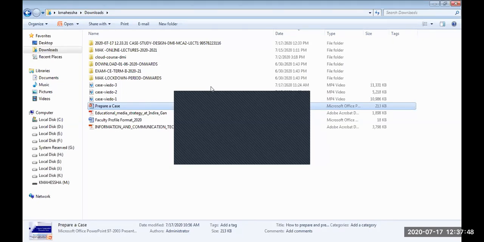Now when we are preparing a case, we have to check the sub-parameters of that case: the practicality of that case, the justification of that case, realism, specificity, originality of case, and contribution. These are the guidelines for preparing any case analysis.